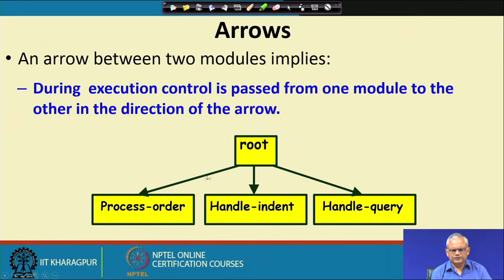But this sequential aspect, whether it will call first this one, next this one, third the handle query, is not really represented here. This just says that they are called, but the order is not indicated. It may first call handle indent and then may call process order and so on.